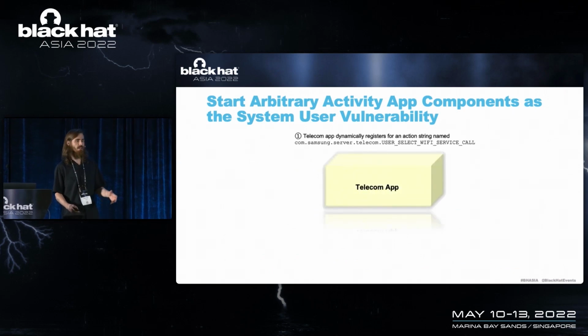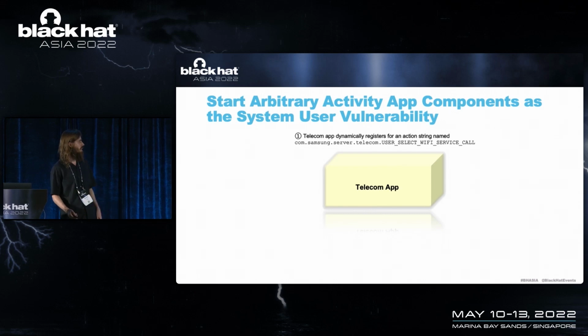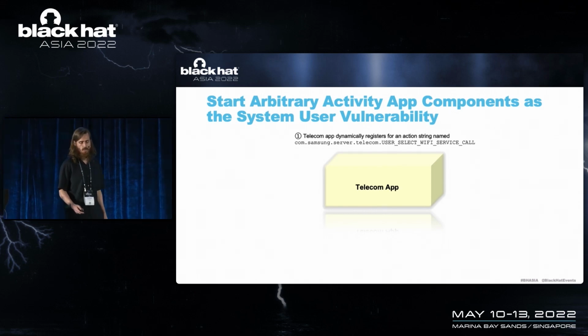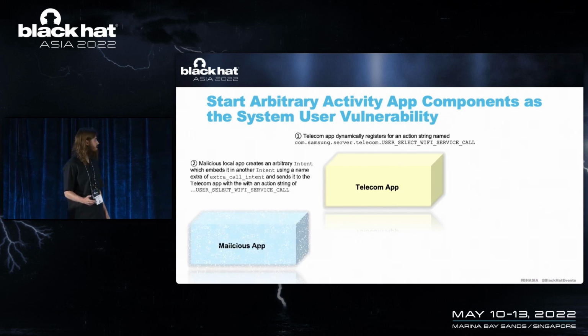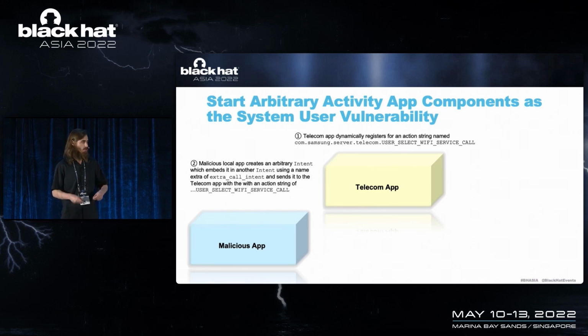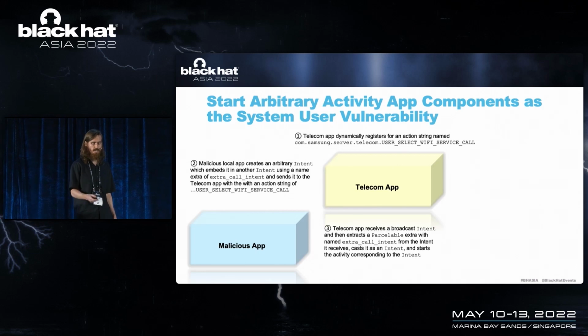So here is somewhat of an abstract workflow for the vulnerability. There's the Telecom app. It registers for the user select Wi-Fi service call action. Then a malicious app that's co-located on the device creates an intent that it wants to send, embeds it into a second intent, and then sends it to the Telecom app using the user select Wi-Fi service call action string.